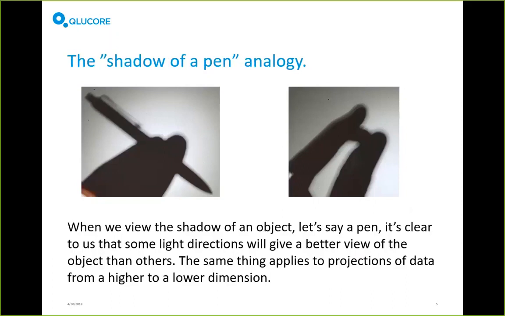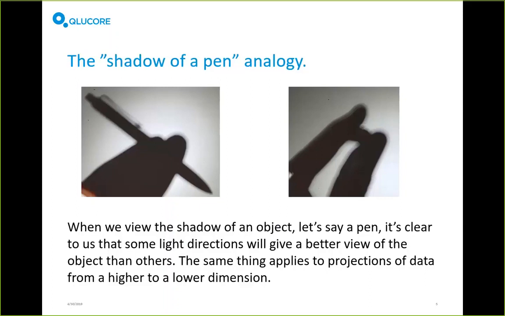We view a shadow of an object. When light is cast and there is a shadow of an object, it's usually easier to see what that object is depending on the direction of the light. If you take this image, for example, on the left-hand picture, it's very clear that the person is holding a pen, whereas it's not obvious in the right picture that it's the same pen being held in front of the camera.